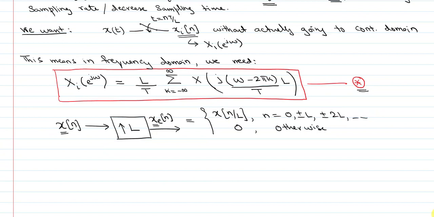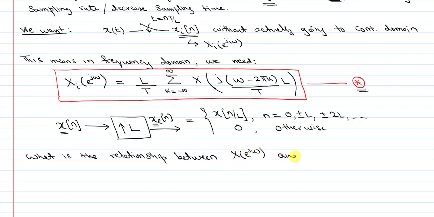So let's start with that setup. What is the relationship between the Fourier transform of my original sequence X(e^{jω}) and my expanded sequence X_e(e^{jω})? This is the first thing I need to find out.